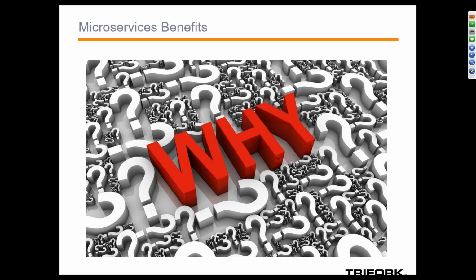Personally, as an architect for Trifork, what I find as well is that another important reason is not so much the operational scale as the development scaling of how you build a project or a product. What you often find is that when companies start building a product, it will be built as a single application, and that will be fine for a while.